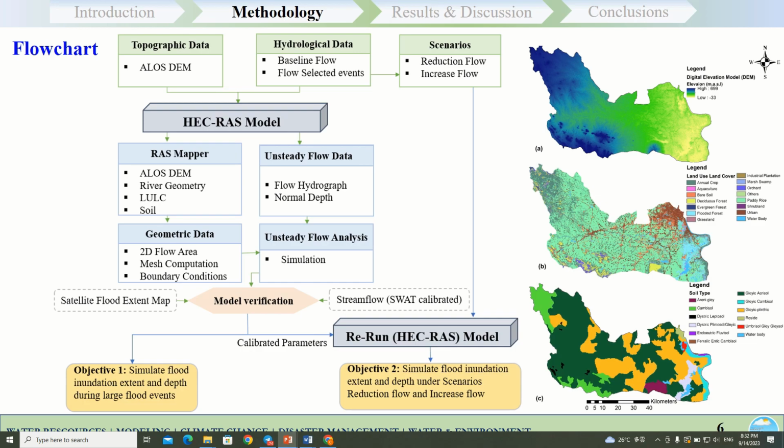Then we process the HEC-RAS model by going through the HEC-RAS Mapper, geometric data, and flow data, and finally we simulate the flood inundation. After that, we verify the model performance, both streamflow and flood extent. After the first objective, we apply the scenarios to obtain our second objective.